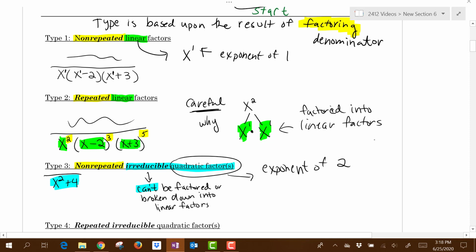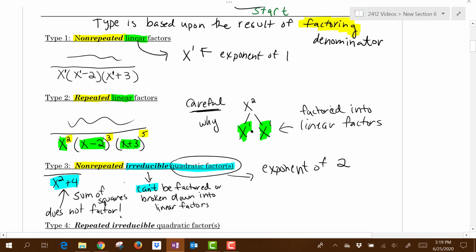So irreducible quadratic factors means that I see an exponent of 2 on that variable, but this cannot be broken down into linear factors. This right here does not factor or break down.